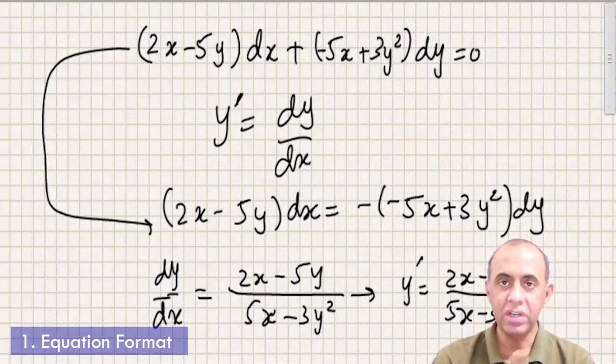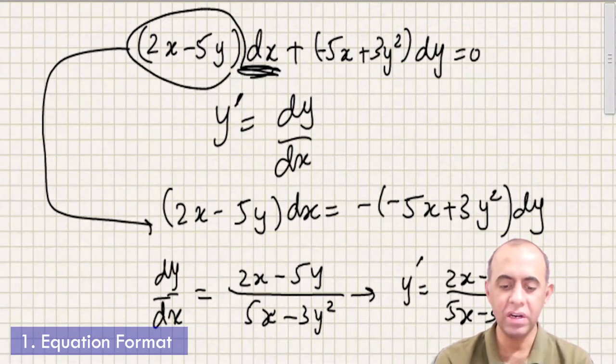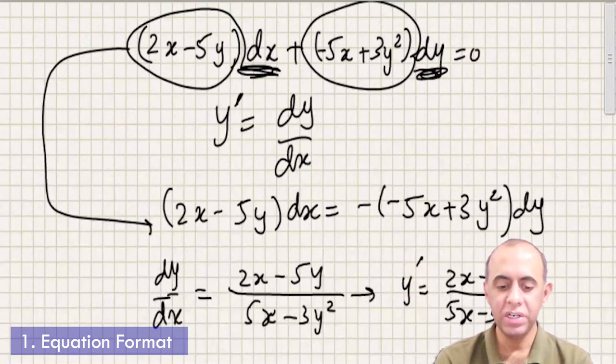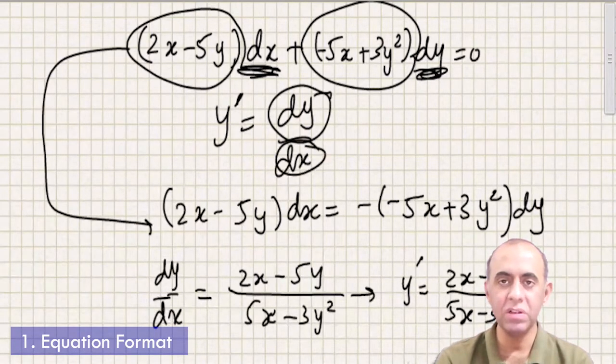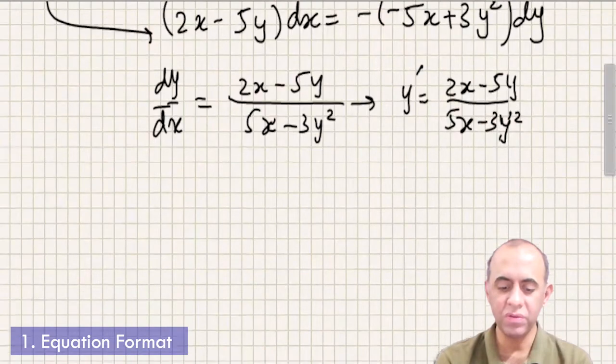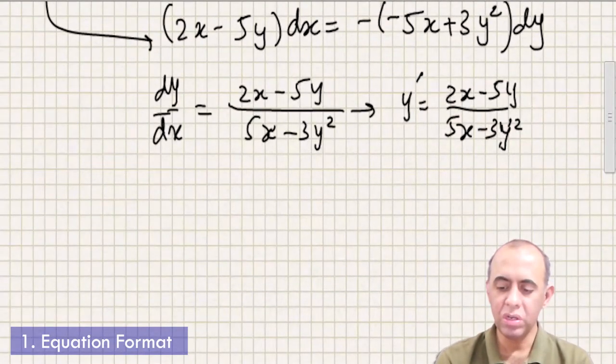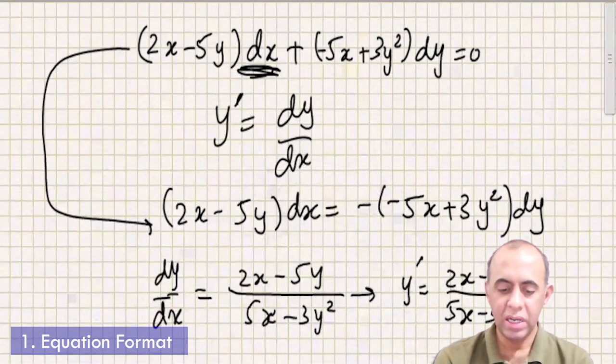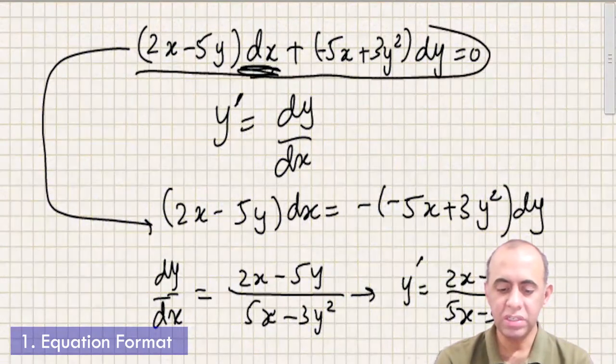We have just written it in such a format that all the coefficients of dx are here and all the coefficients of dy are here, treating dy and dx just like variables and applying all the algebraic rules that we apply on variables. So let's go further. Now we have an equation written in this form.